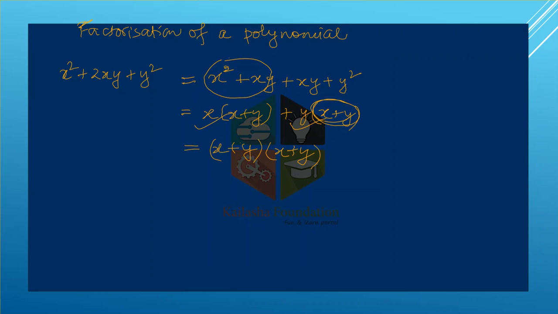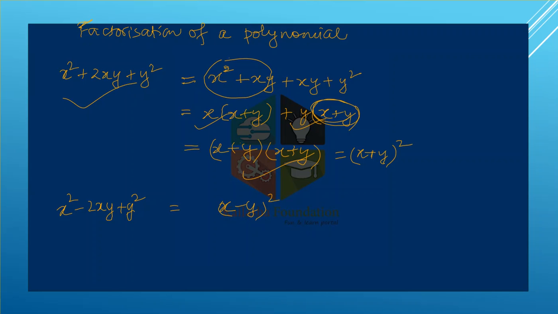So the factored form of this is x plus y times x plus y, or we can write it as x plus y whole square. Similarly, you can write x square minus 2xy plus y square as x minus y whole square.